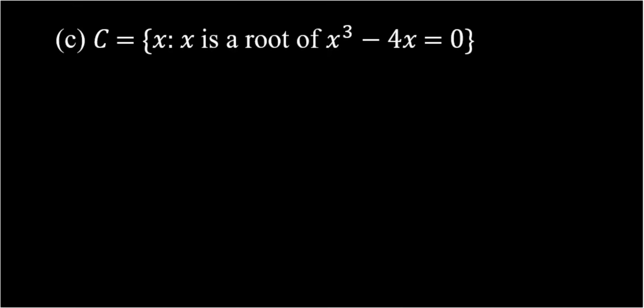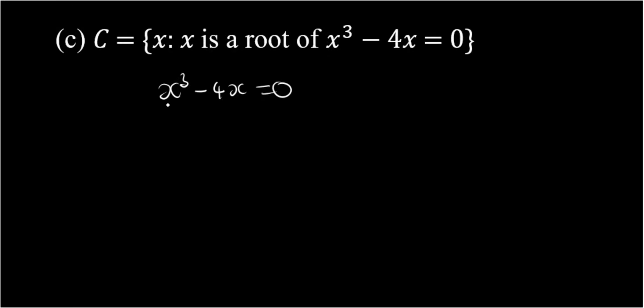The other question says C is equal to x is such that x is a root of x cubed minus 4x equal to 0. Remember that you are writing this in roster form. So what you need to do in this question is to solve this equation.